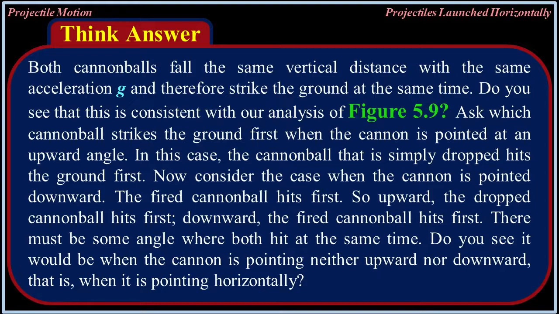Downward, the fired cannonball hits first. There must be some angle where both hit the ground at the same time. Do you see? It would be when the cannon is pointed neither upward nor downward, that is, when it is pointing horizontally.